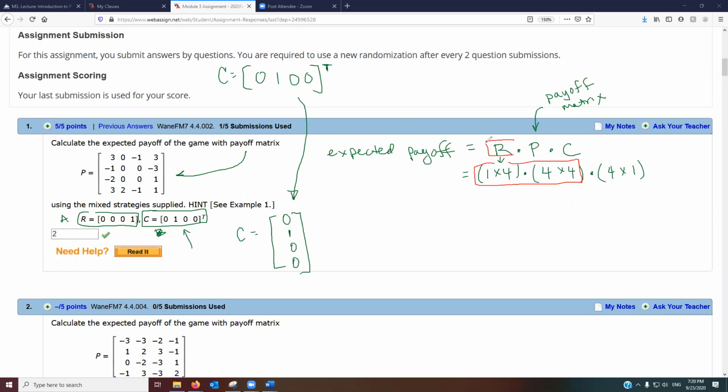Can we do this multiplication? Yes, these middle numbers are the same. And the answer when we do this is going to be 1 by 4. Then when we multiply it by matrix C, which is 4 by 1, these numbers are the same. And you can see our answer is going to be a 1 by 1 matrix. All right, so let's do it. I think we're confirming that it's okay to do this multiplication.